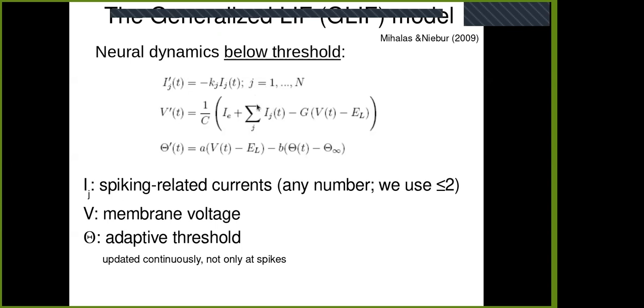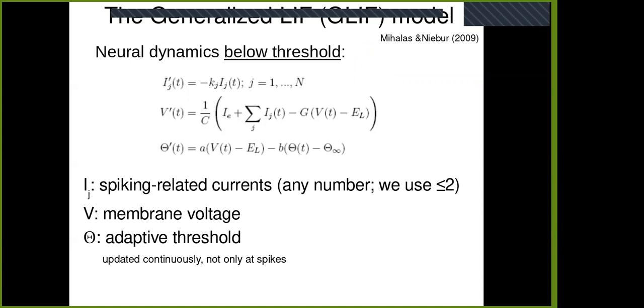So what is this term? This term here is the sum of the I_j currents, and these currents are defined here. As you can see, there are as many as you want, 1 to n, and here we sum over all of them. And they have very simple dynamics. They're simply exponential decay with time constants, which are parameters k_j, for this current number j.